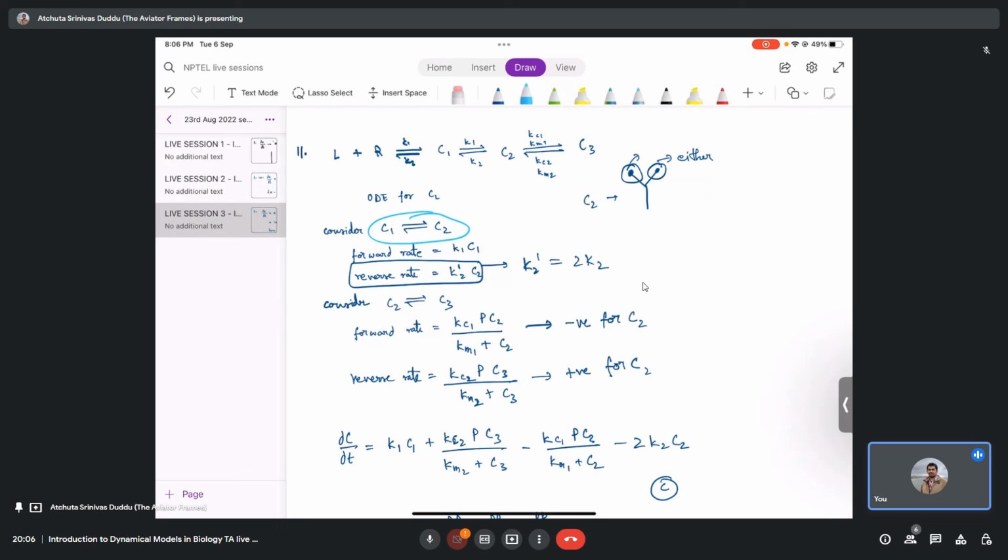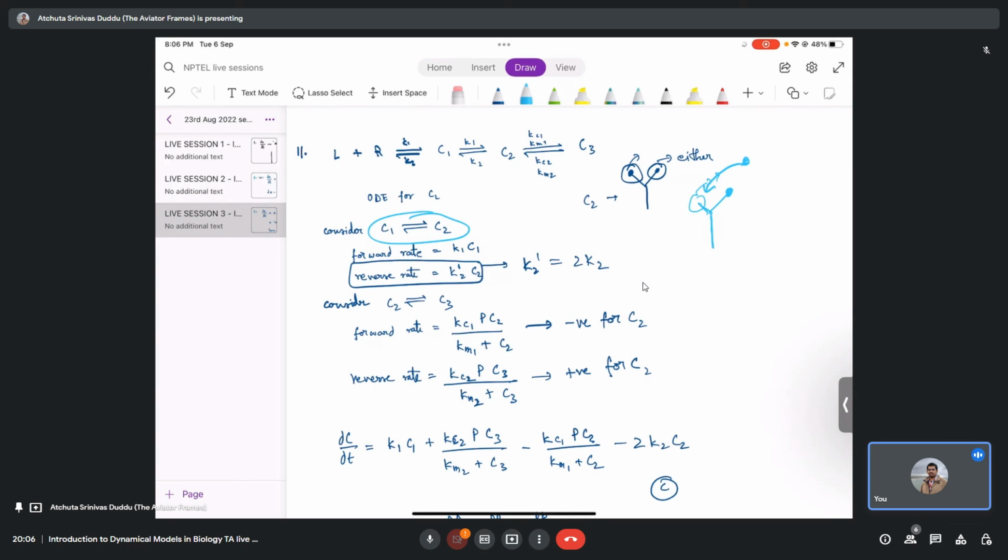We have a forward rate and a reverse rate. Forward rate would be K1 C1, which is straightforward, right? Since in C1, one of the binding sites is already occupied, there is only one option for occupation. From C1 to C2, there is only one option for one ligand to come and bind here. So it's straightforward, K1 C1.